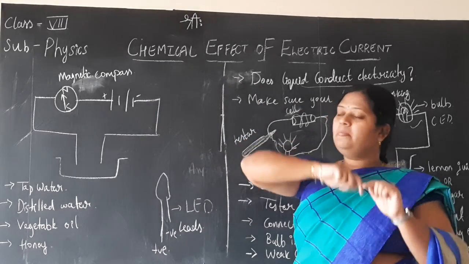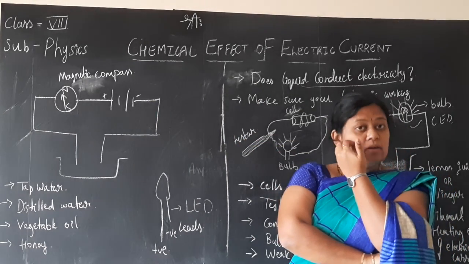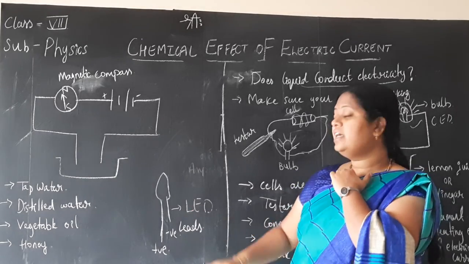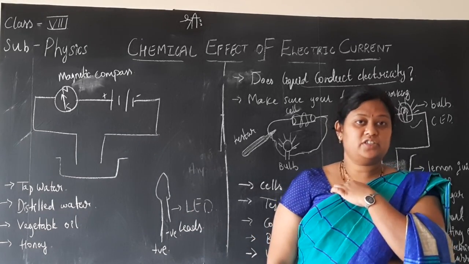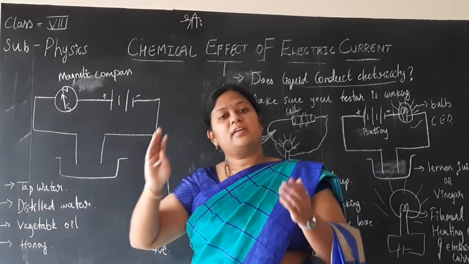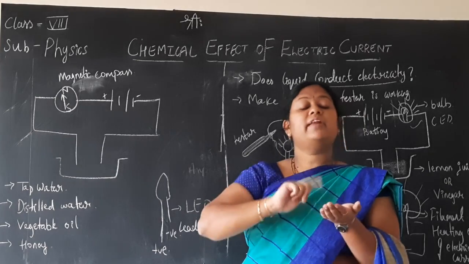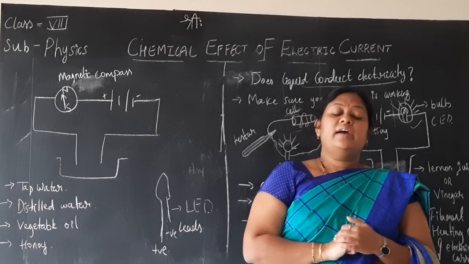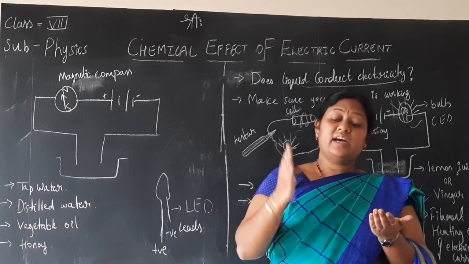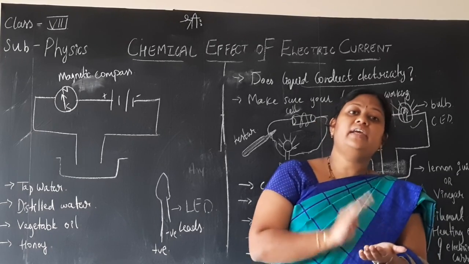And why are we replacing the tester by this bar magnet? Because, as this LED can detect a small amount of current, children, whenever we bring any current carrying conductor near to the magnetic compass, then it will show deflection. So, the current carrying conductor is in turn producing the magnetic effect.